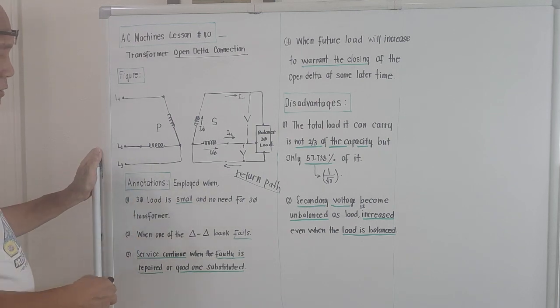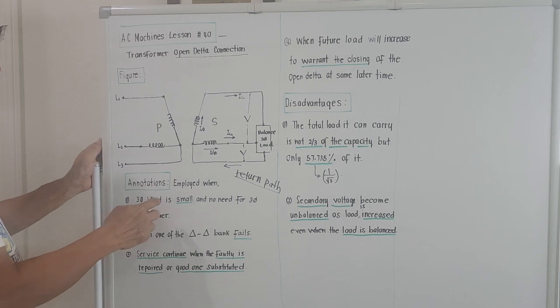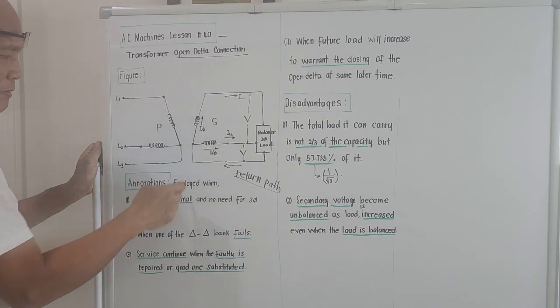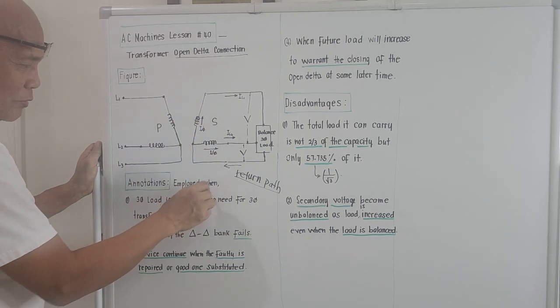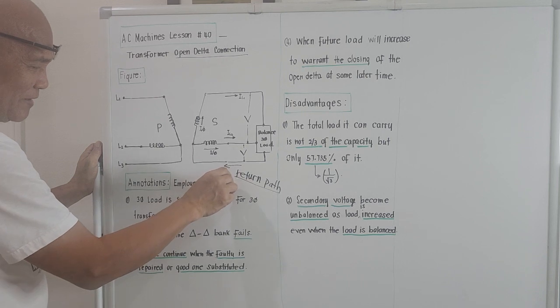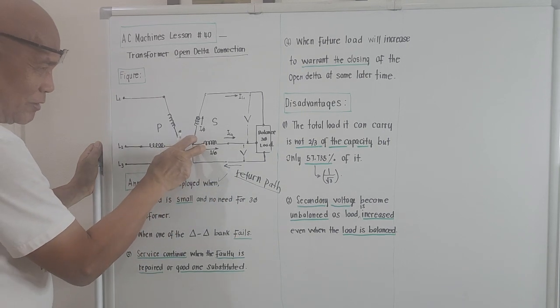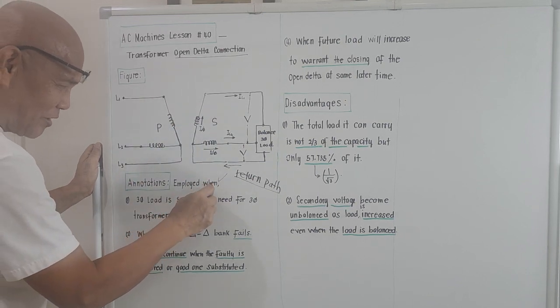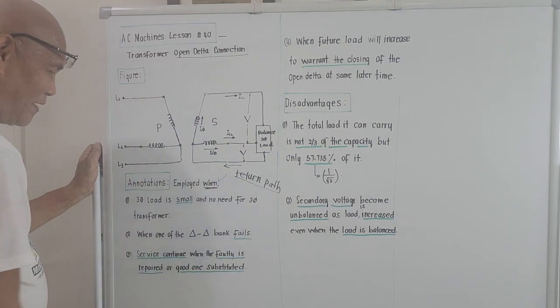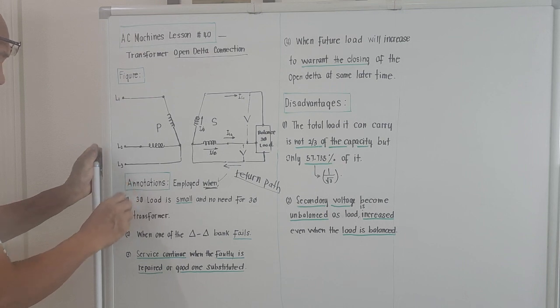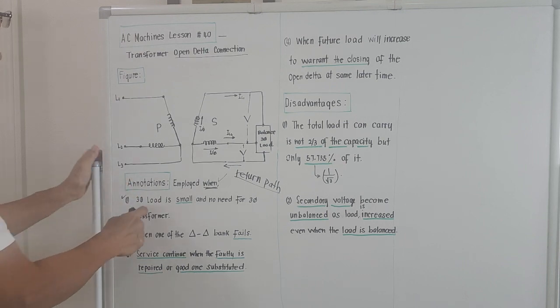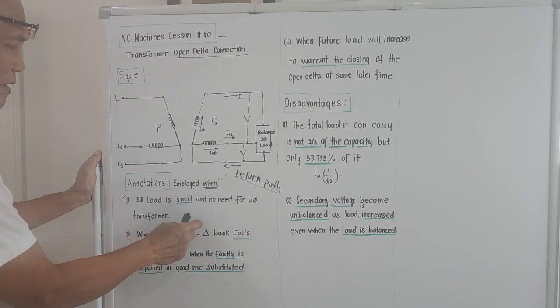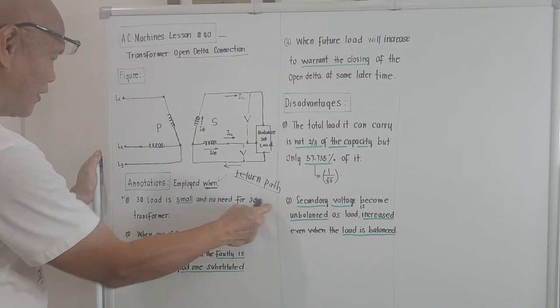Before this annotation, it says here, open delta connection is employed or used when? Okay? This connection is used, okay, when? There's a "when" over here, right? Number 1. The three-phase load is small and there is no need for a three-phase transformer.